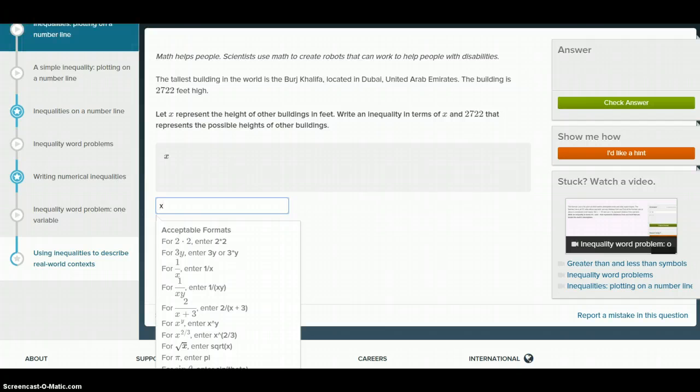We'll have x, and this is the tallest building. So that means all the other buildings are going to be less than the highest building, so x is less than 2,722.